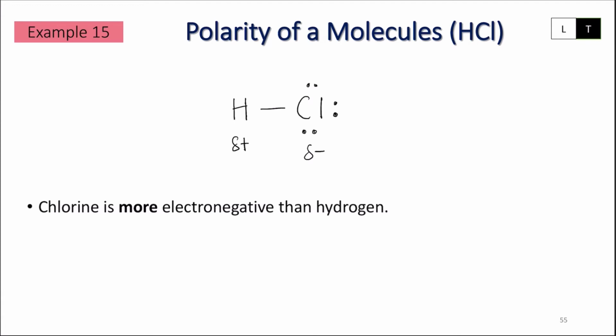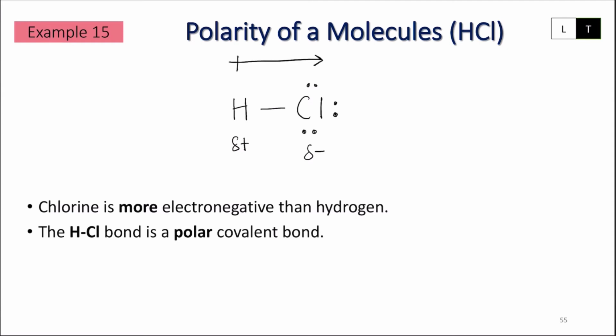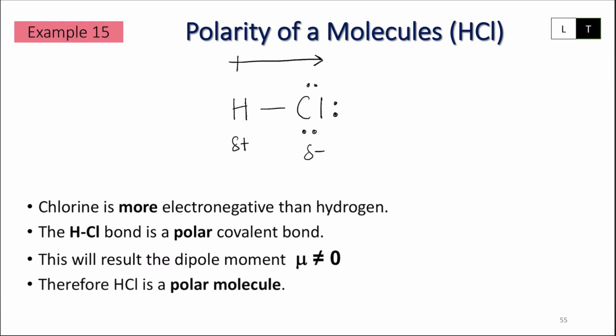And then kita boleh indicate that HCl bond here is polar covalent bond because there is difference in electronegativity between H and chlorine atom. That is why saya boleh indicate the direction of dipole moment to chlorine. So ini direction dipole moment saya. Kita boleh faham sekarang dipole moment is not equals to 0. Therefore, my conclusion HCl is a polar molecule. So itu cara nak jawab.